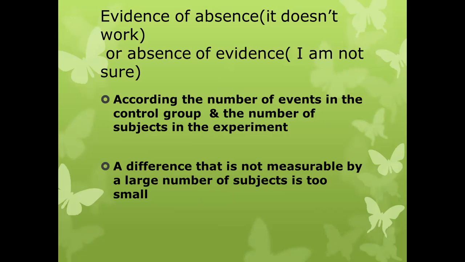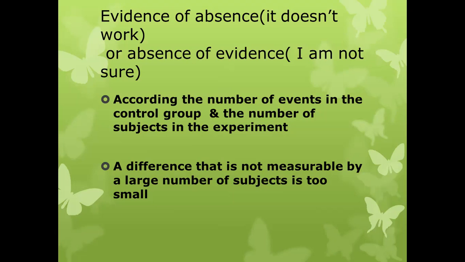Okay, I will have to check the number of events in the control group. As a rule of thumb, if the event rate of the control group is more than 300, it is evidence of absence, which means this drug doesn't affect the outcome. Another thing I have to check is the number of subjects in the experiment. Why?